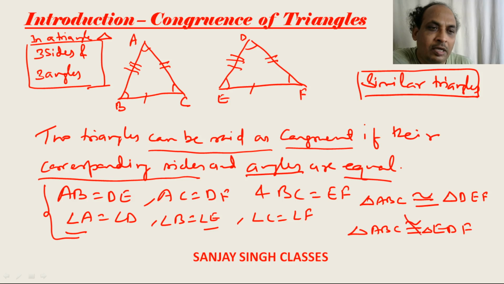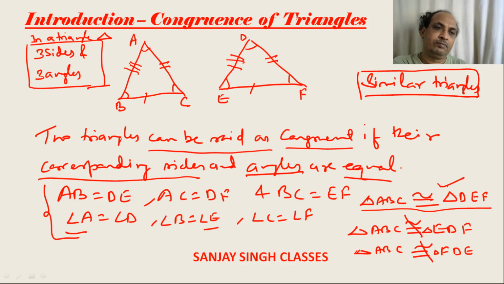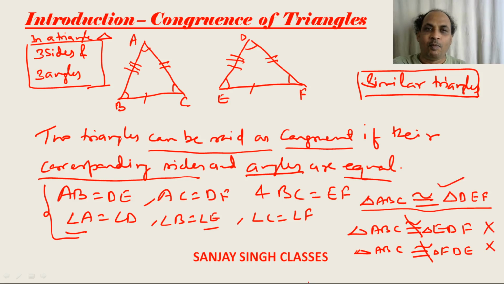No, it is not. Similarly, triangle ABC is congruent to triangle FDE, no, like this also we cannot write. We must write in this fashion. So these two are wrong. I hope everybody has understood how to write and name the triangles.